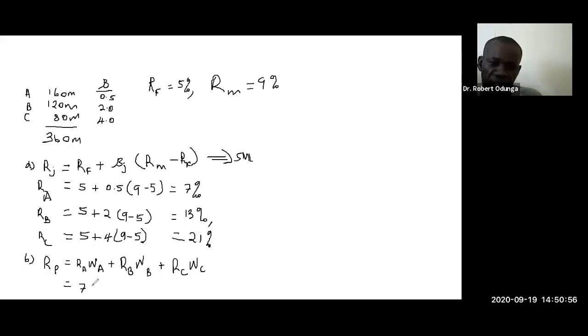It's 7 times 160 over 360. Where is this one coming from? Plus 13 into 120 over 360.